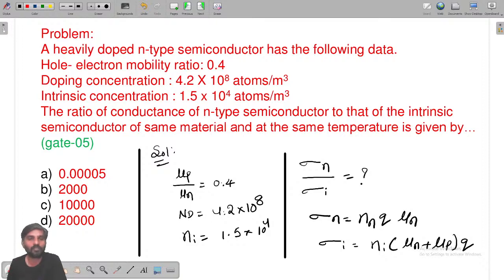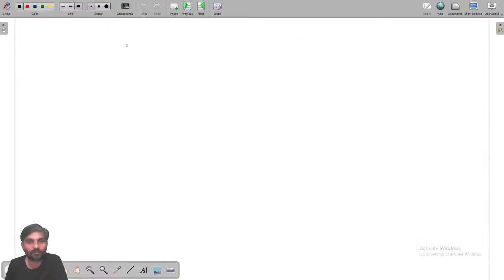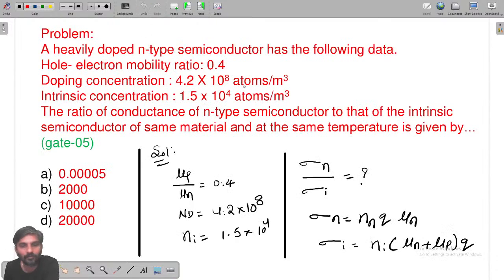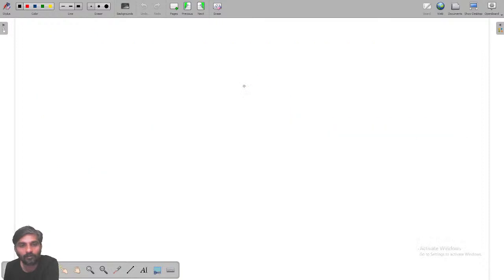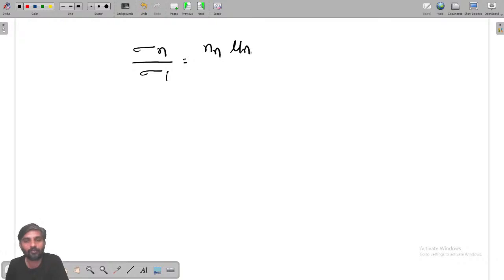Now he's asking for the ratio of sigma n to sigma i. So n_n mu n q by Ni into (mu n plus mu p) into q.